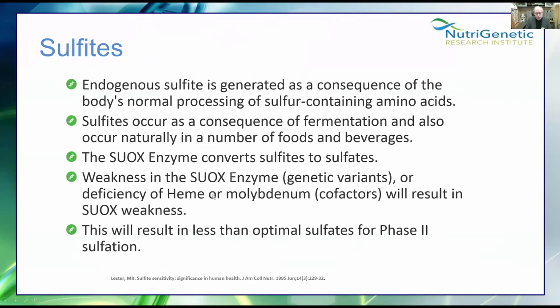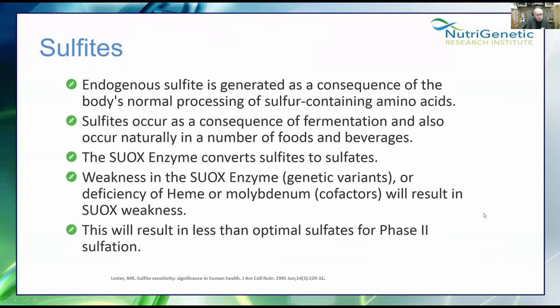Sulfites. Now, if any of you listen to my good friend Stephanie Seneff, by the way, she's going to be presenting brand new research on glyphosate and how it may be impacting mycotoxins at the fall conference. Sulfite is generated as a consequence of the body's normal processing of sulfur-containing amino acids.